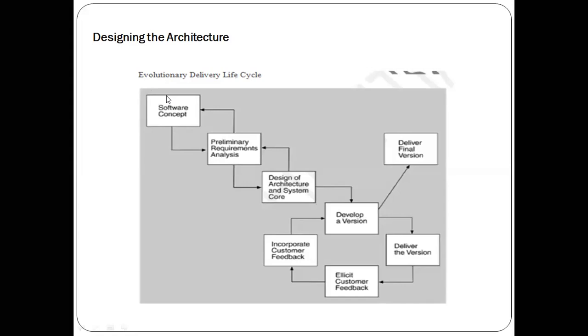Whichever concept we have chosen to implement our project, that concept is called the first step, or otherwise it may be a problem statement. It is the problem statement for which we are going to provide a solution in the form of a software project.